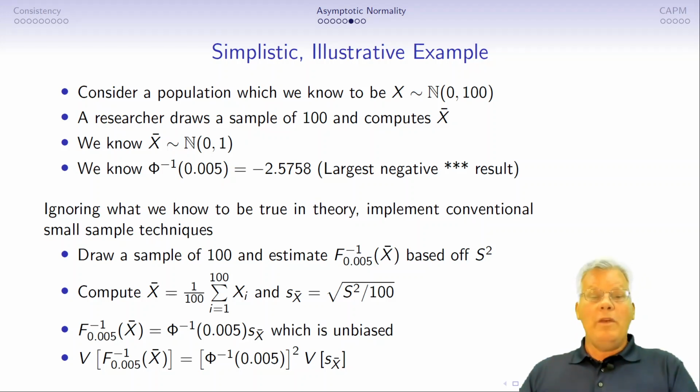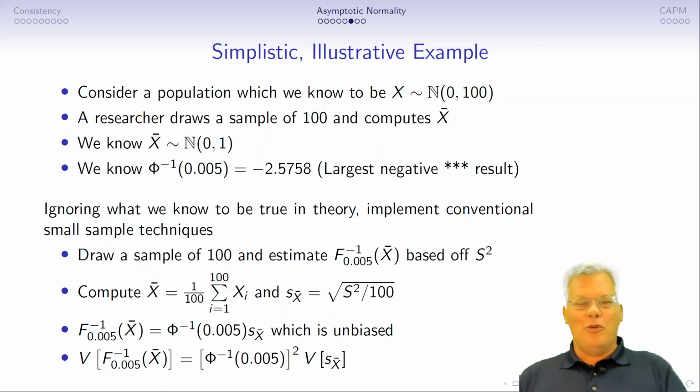So if we ignore what we know to be true in theory, let's first implement conventional small sample techniques. Remember, small sample techniques were dependent upon knowing the distribution of the underlying statistic. And here we do. We know that it's normally distributed. But remember, this is an illustration of what you can do if that is not met. So in some sense, I'm kind of playing it both ways.